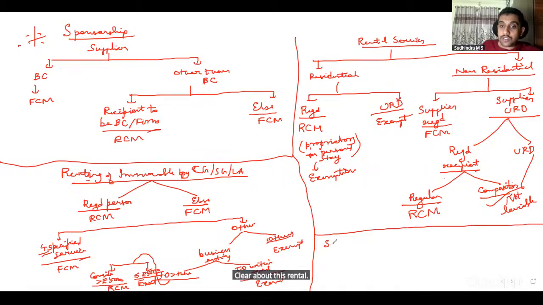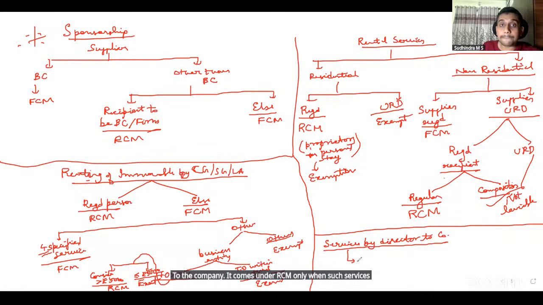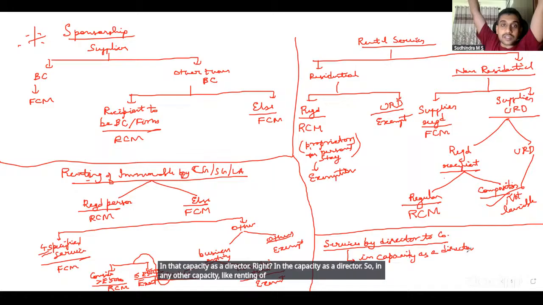Then we discussed services provided by a director to the company. It comes under RCM only when such services are provided by independent directors in the capacity as a director. So in any other capacity, like renting of immovable property or professional service, it doesn't get covered.